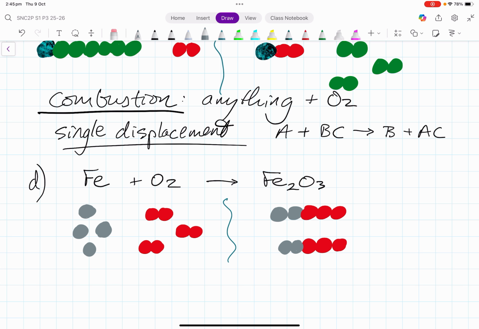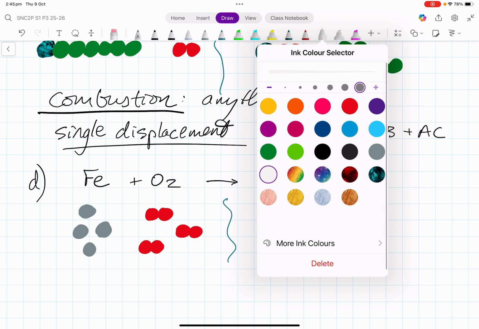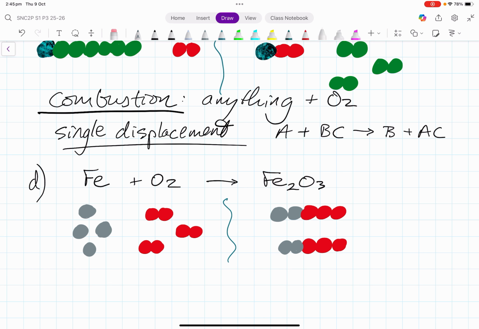Now, I will put the charges in after so that you can see how it all kind of works out, which is kind of cool. But you don't have to use the charges for balancing. That's the cool part. We can take that level of detail off. So 4 of these guys react with 3 of these guys to produce 2 of those guys.